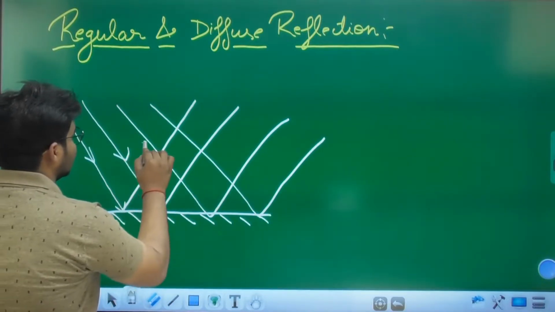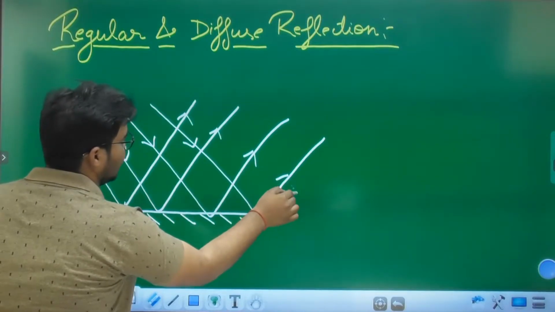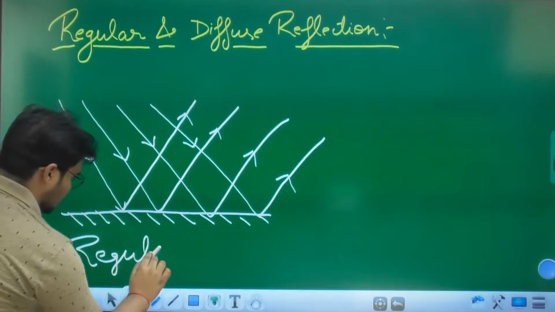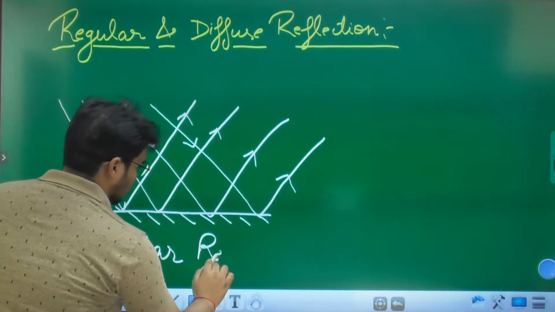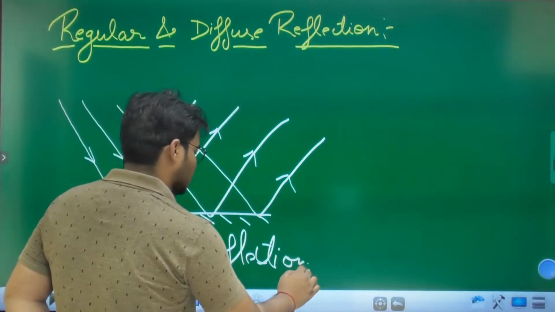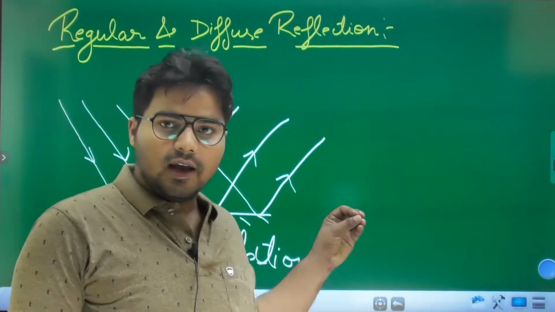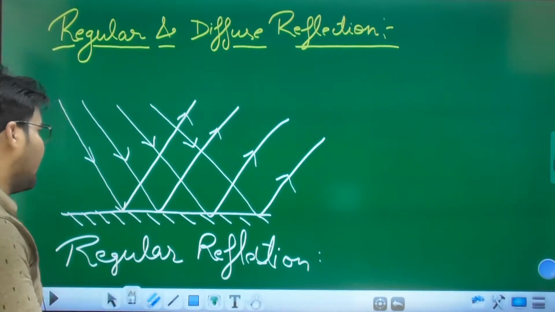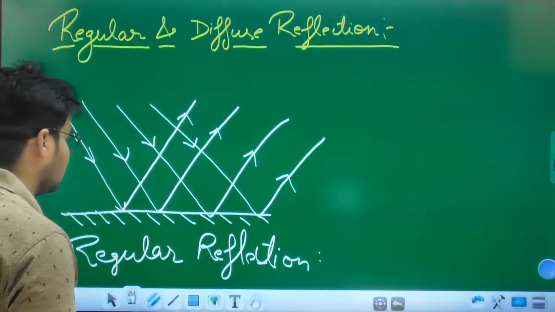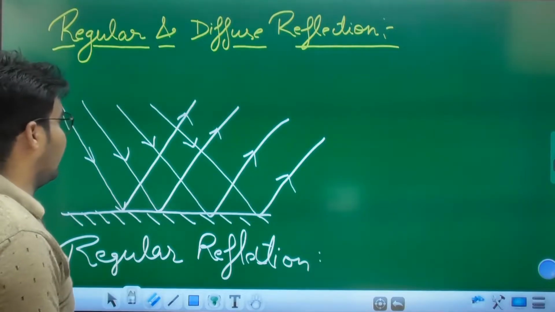So this type of reflection is called regular reflection. Clear? When the incident rays strike the smooth surface and bounce back parallelly from that surface, this is called regular reflection.